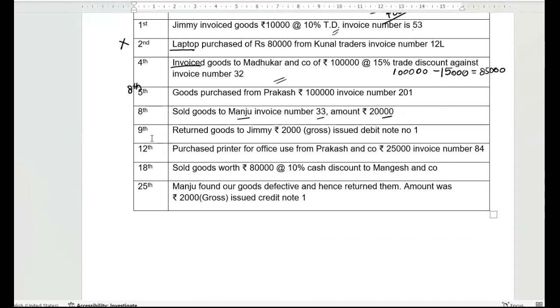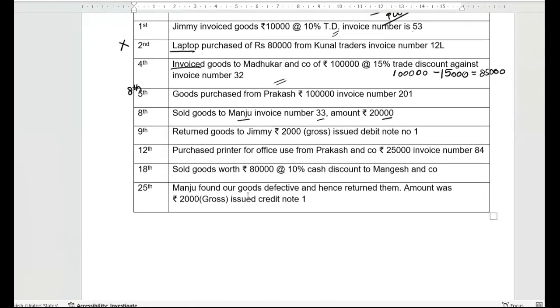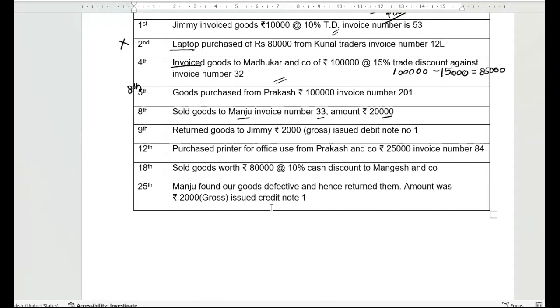Now 9th, we are saying returned goods to Jimmy of 2000 gross and issued debit note number 1. Jimmy is basically connected to purchases. So what will this return amount to? Return of purchases, meaning it should be the purchase return amount. Now remember, this amount is gross. So I need to calculate the net amount. 2000 is the gross amount less 10% trade discount. So 200 will be the trade discount.